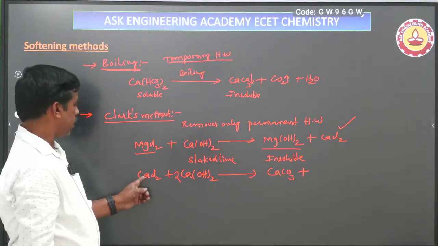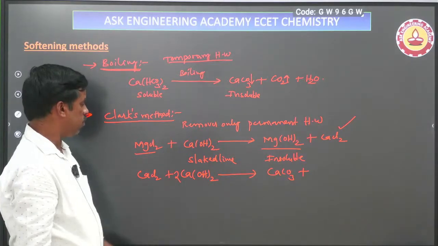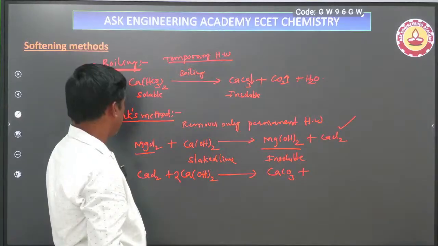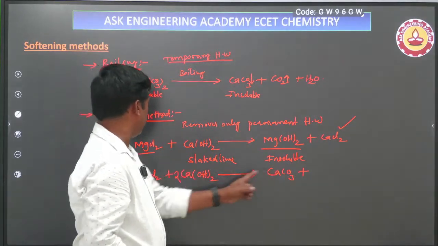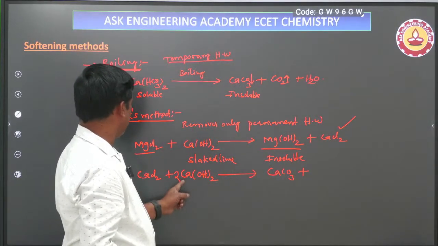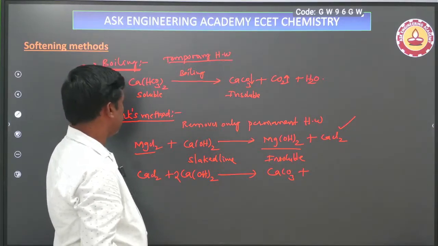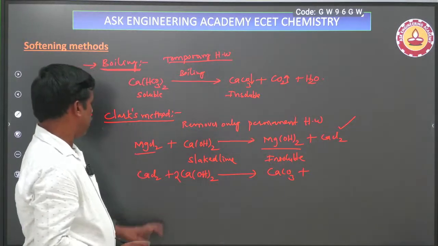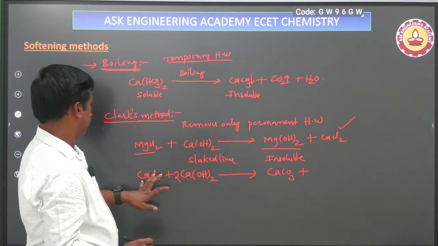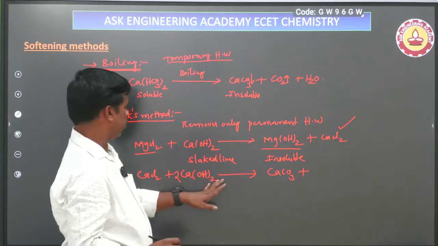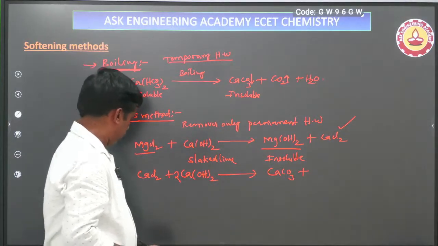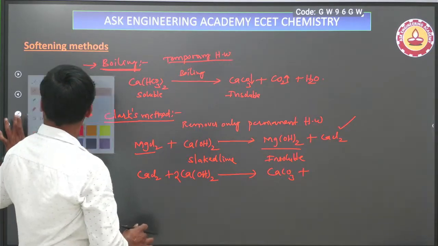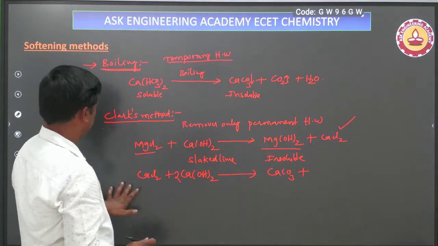Whenever calcium chloride is present, calcium hydroxide is required, CaCO3 is formed, and the remaining compound forms. Here no further removal of calcium chloride is required.